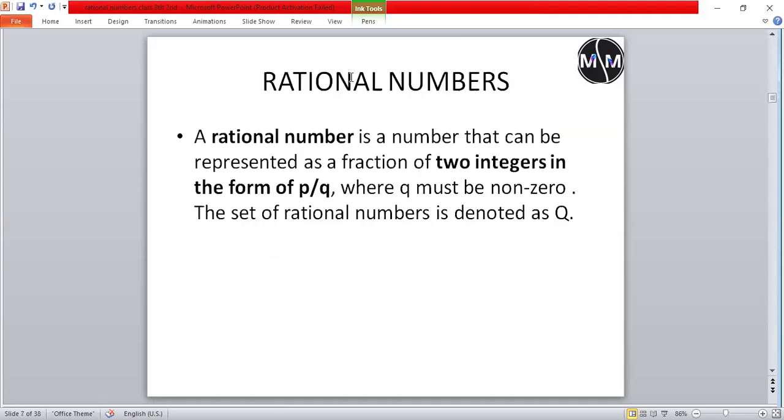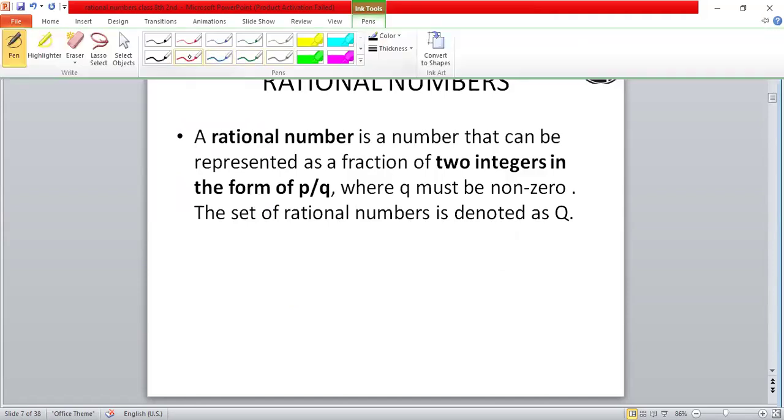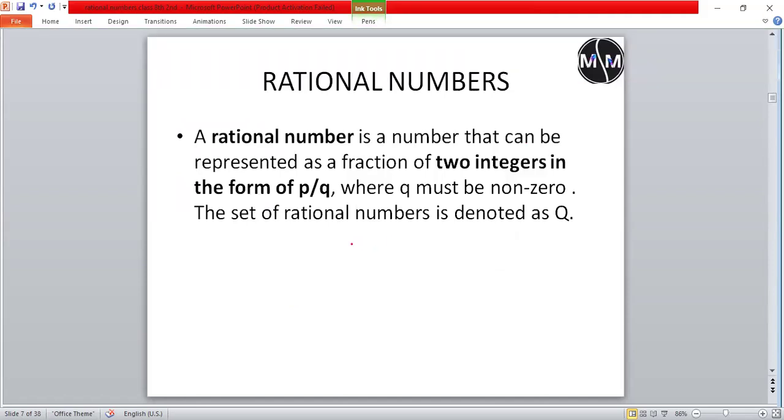Rational numbers: any number which can be represented in the form of p upon q is called a rational number, where both p and q are integers and q is not equal to 0.